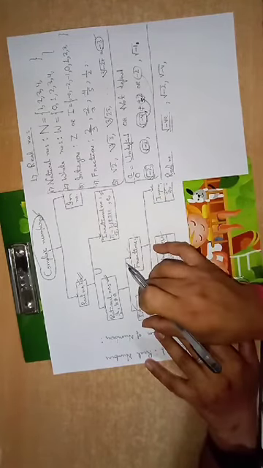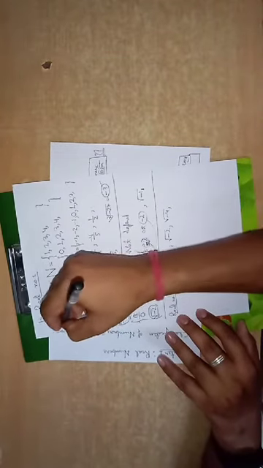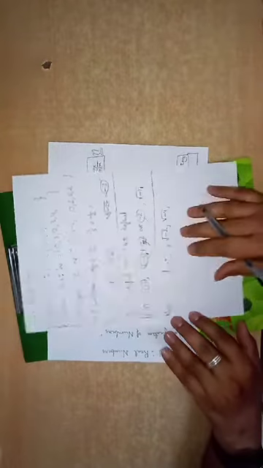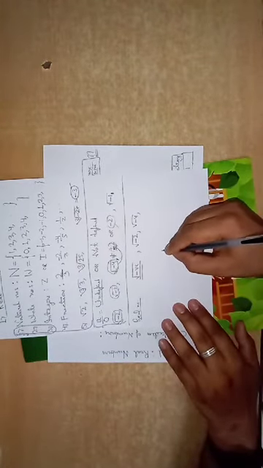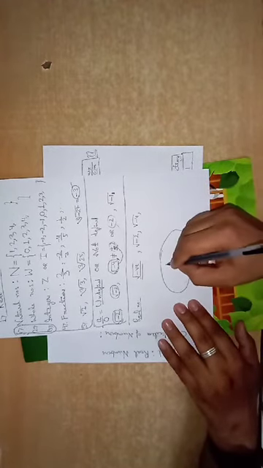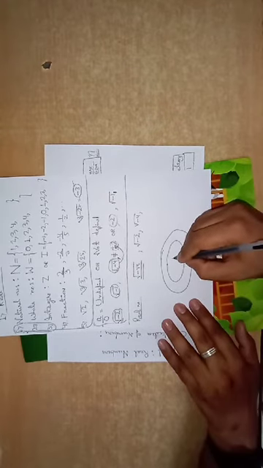Now, why did I say integers? Why not natural numbers? Why not whole numbers? Because if I represent all these with the help of a Venn diagram, first of all we have integers, then we have whole numbers, then we have natural numbers.